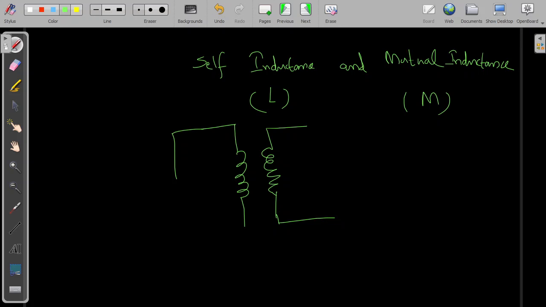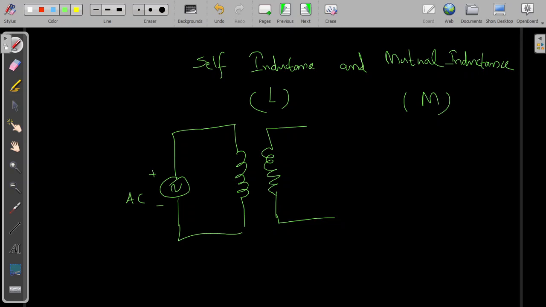We connect this coil to an alternating current source, so that positive and negative alternate every half cycle, the current is reversed, and it varies in magnitude like a sine wave.